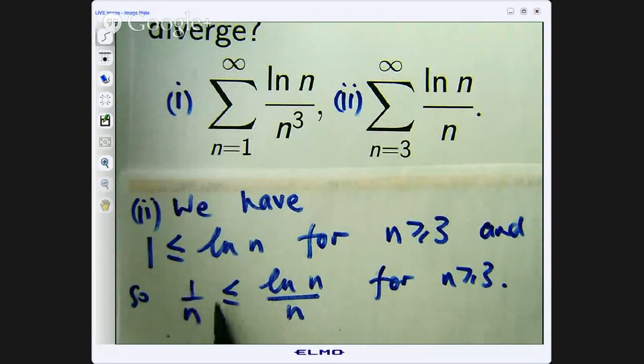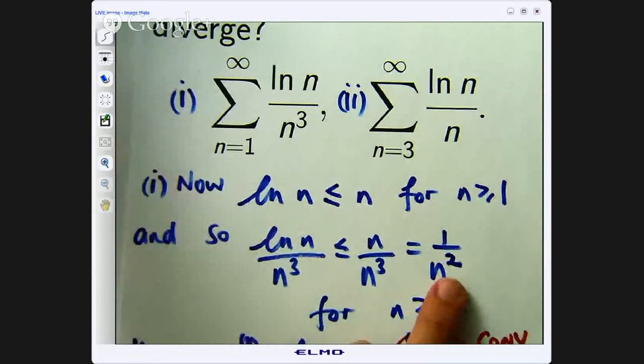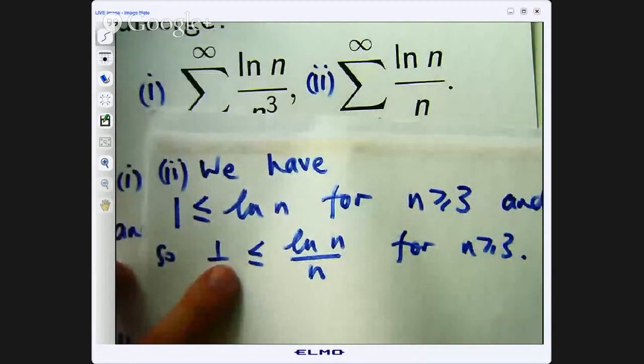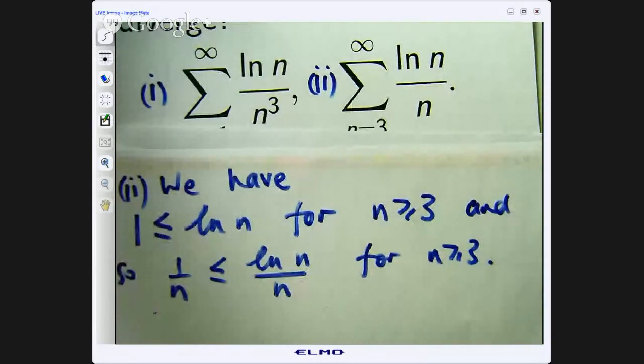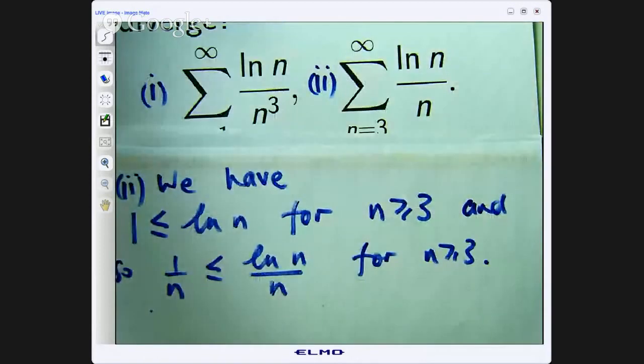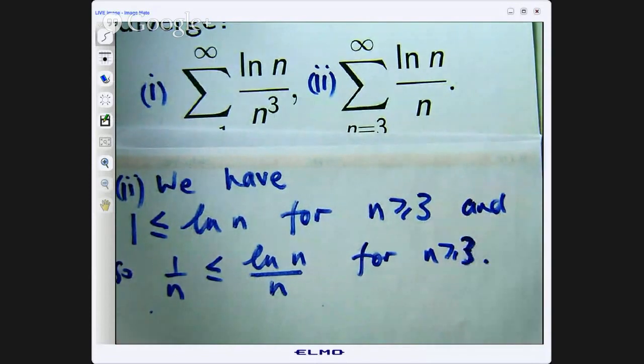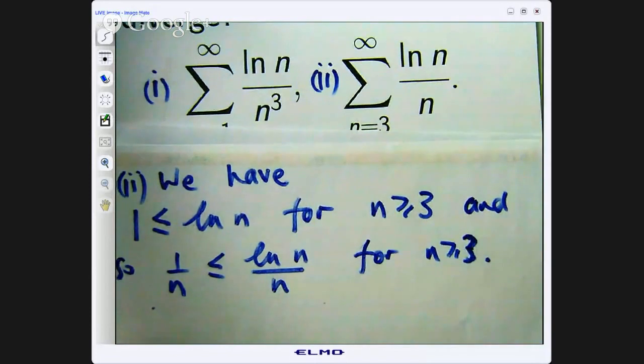This smaller series is again a p series, but in the first instance, we had a power of 2. Now we've got a power of 1. We know that that series from an earlier video diverges. So the smaller series, if you like, diverges. That pushes the bigger series off to also diverge.